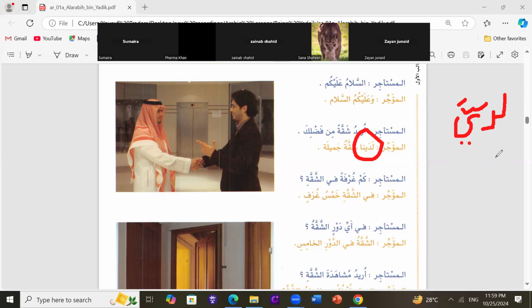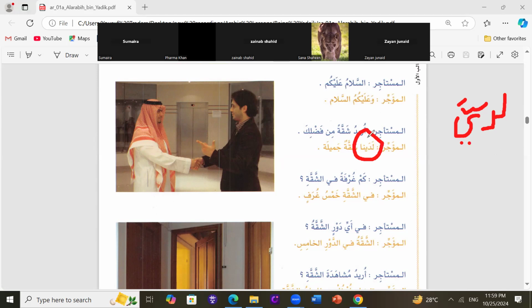We will discuss different terminologies because there is very complex grammar in Arabic. That's why I'm just telling you very basic grammar so you can easily come to know. When we have control and grip over basic grammar, then we will move on to complex grammar. So far it's an ism fa'il.